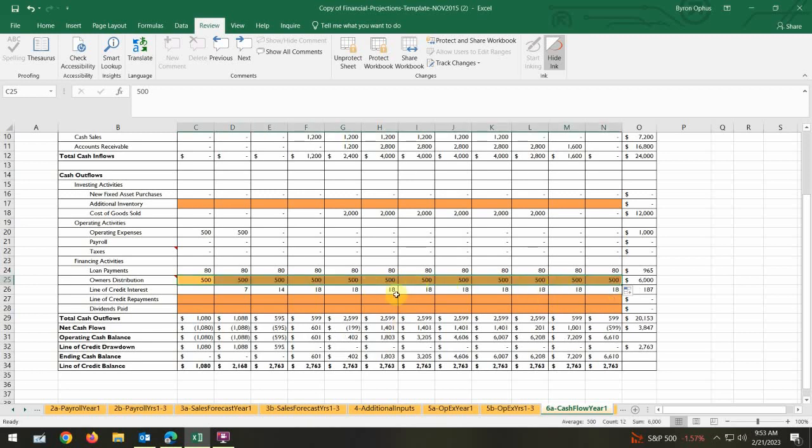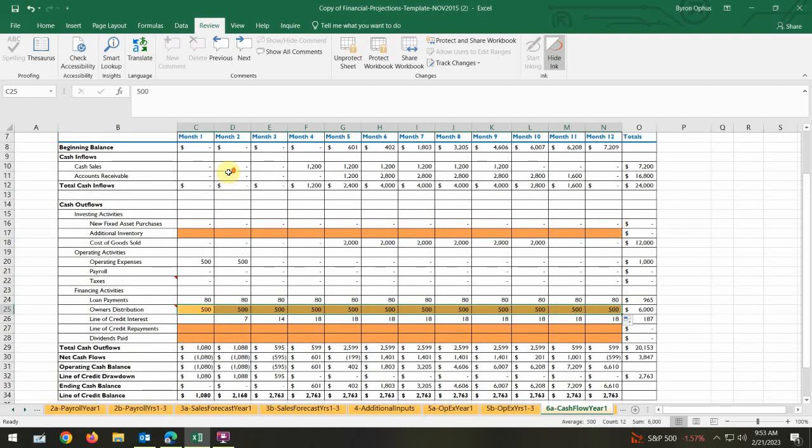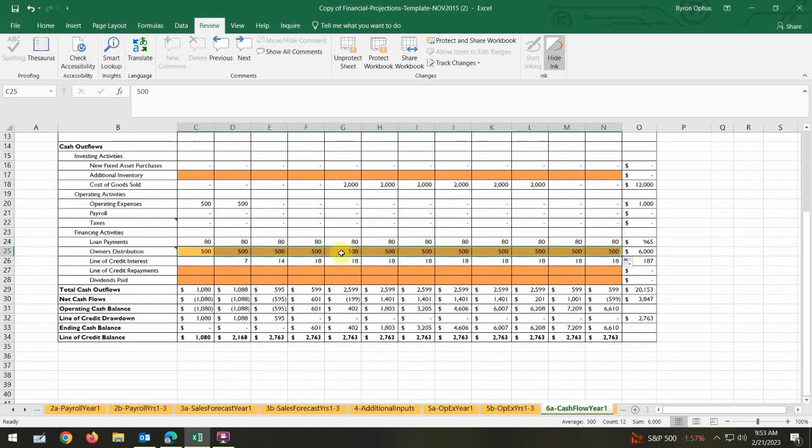Mainly what I want to do is show you some things down here at the bottom. Because I don't have any sales for the first few months, and then I have some sales that take place here, I've got some accounts receivable and some cash coming in. But for the first months, my operating cash balance is negative, so a line of credit kicks in.